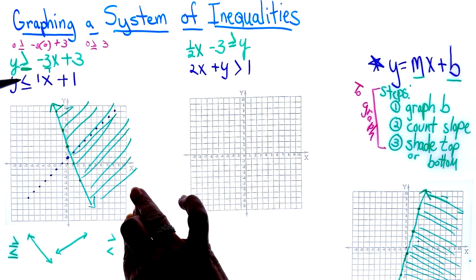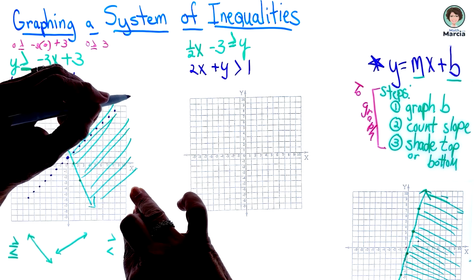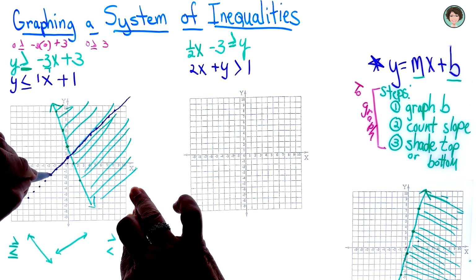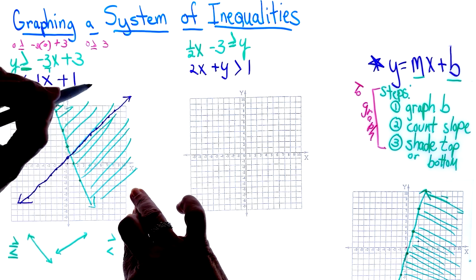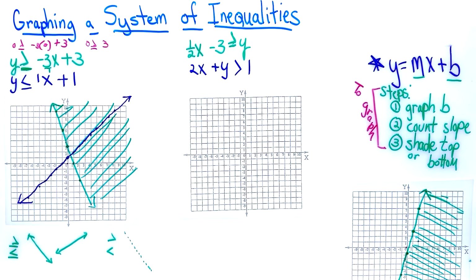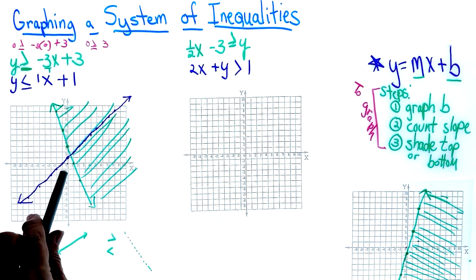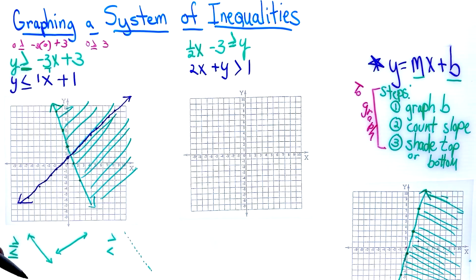And again, this is less than or equal to, so I am going to make a solid line connecting my points that I have graphed. I like to check that 0, 0 that I have right here marked, because if I get a true inequality for that, then guess what? I'm going to shade the bottom half of my purple line.